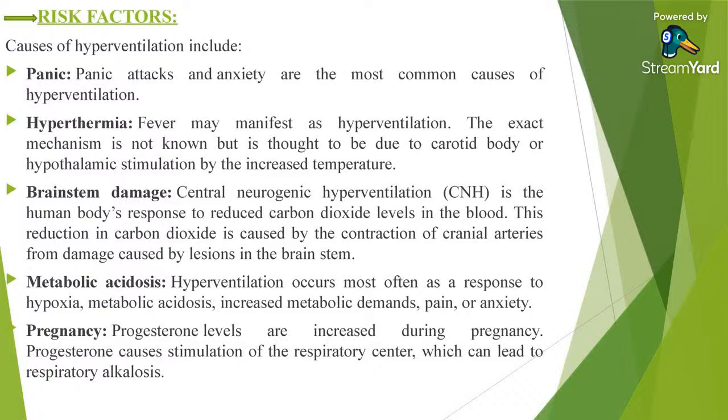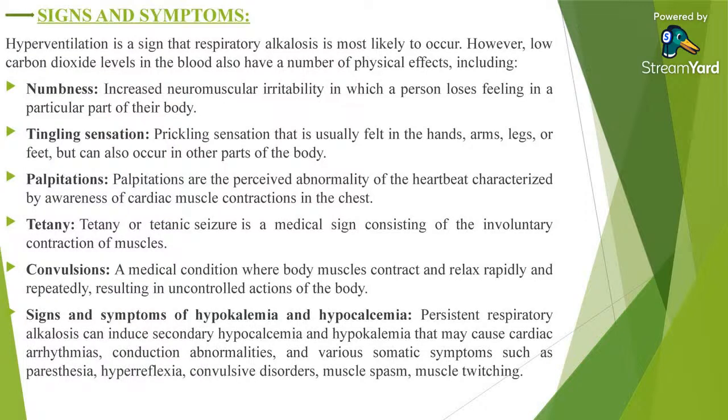Hyperventilation occurs most often as a response to hypoxia, metabolic acidosis, increased metabolic demands, pain, or anxiety. Pregnancy. Progesterone levels are increased during pregnancy, and the increase in this hormone will cause stimulation of the respiratory center, which can lead to respiratory alkalosis.